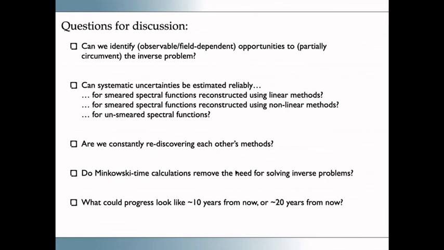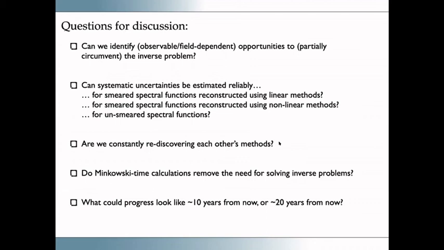Yeah, I just wanted to say that which method you should choose depends a bit on what you want to do with the result. So there may be cases where it's not a big problem if you get the wrong answer in some sense.